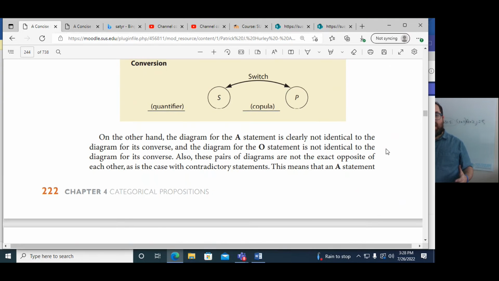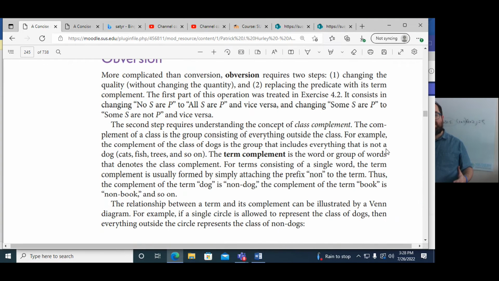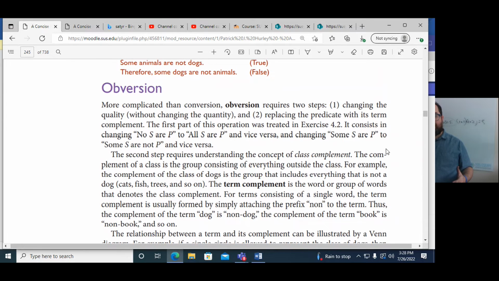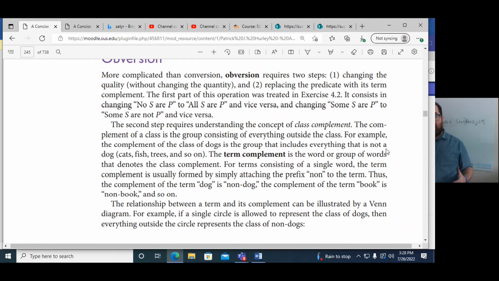So that's conversion, and conversion is the easiest one, right? Now, in order to understand obversion, obversion requires 2 steps: first, changing the quality and not the quantity. So affirmative becomes negative, negative becomes affirmative, but the quantity stays the same.